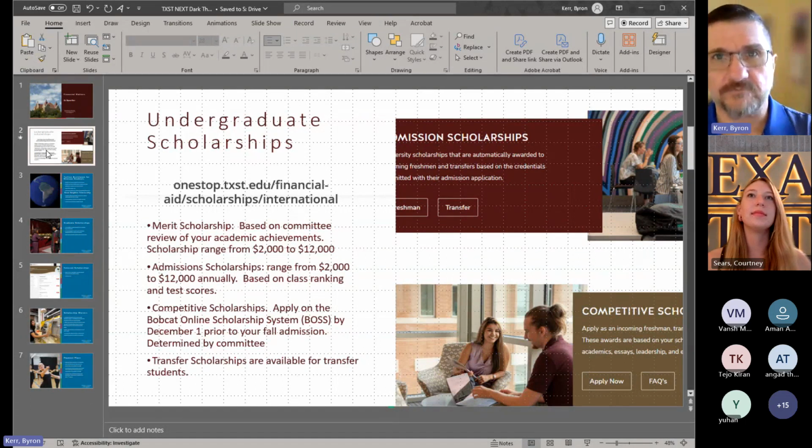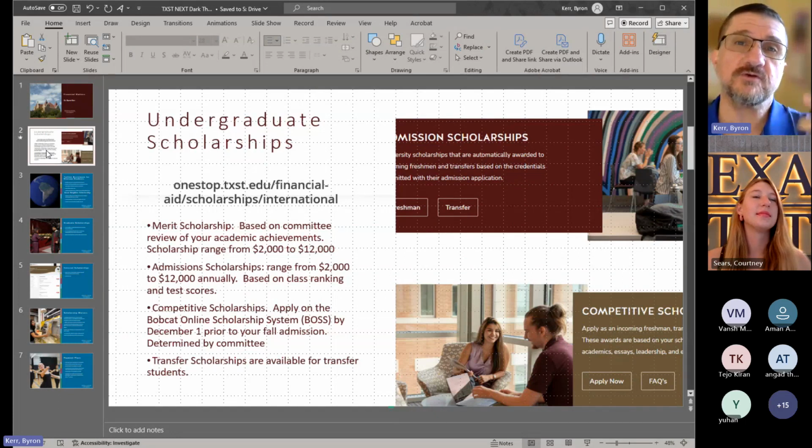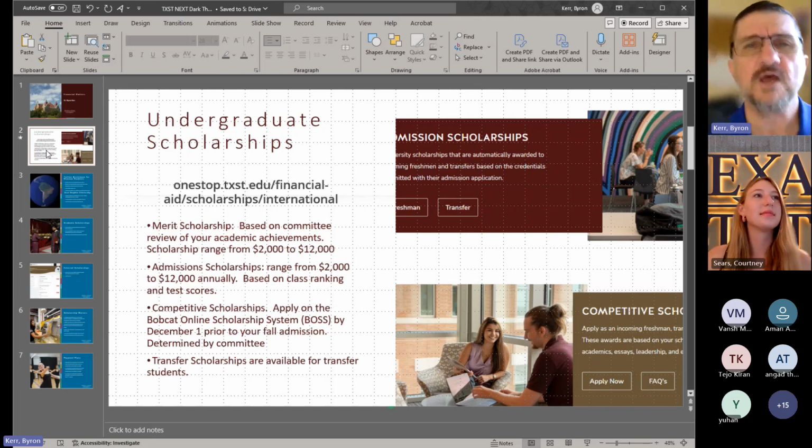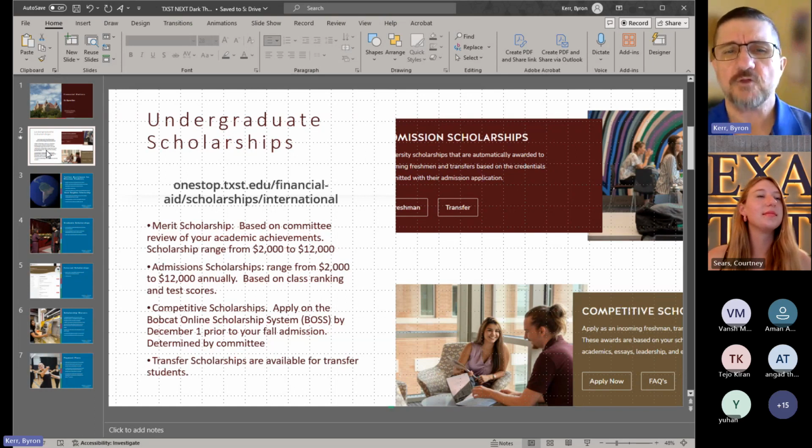Within that category of admissions scholarships, there's two different types of scholarships that are probably pertinent here, and that is merit scholarships versus these other scholarships that have names like the Presidential Honor Scholarship, the Texas State Achievement Scholarship, things of this nature. They're a little bit different, these two categories, and I want to point the two out to you to help you strategize for success with your scholarship pursuits.